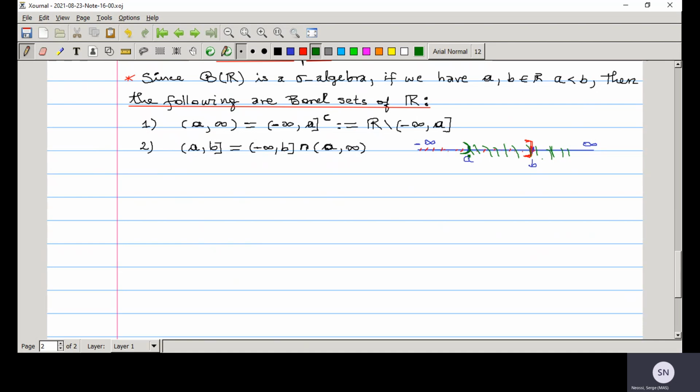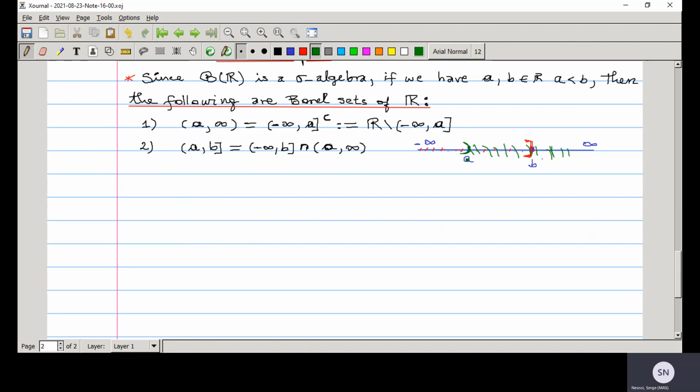Now, if I want to look at the intersection of both, the elements that are in this first interval and in the second interval, you agree with me that it will be the part that is shaded by the red and by the green color.